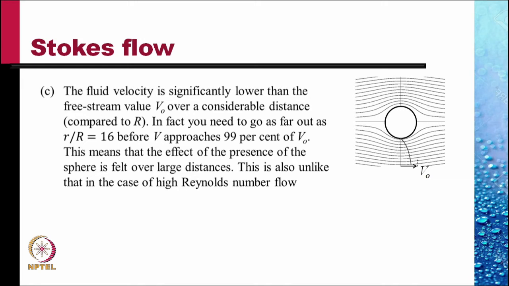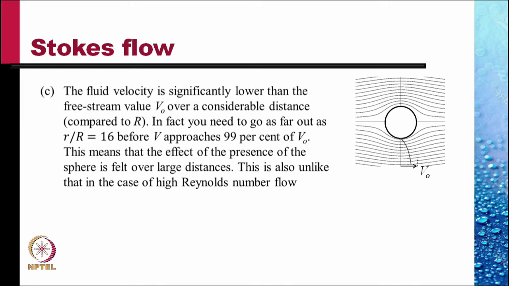In fact, you need to go as far out as r by capital R equal to 16 before V approaches 99% of the V naught. This means that the effect of the presence of the sphere is felt over large distances.